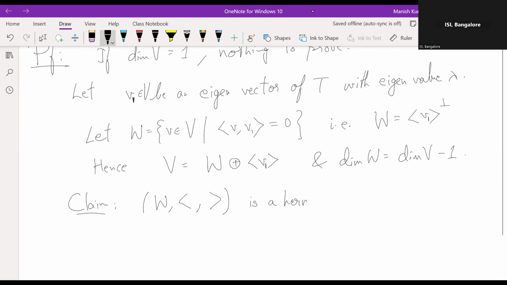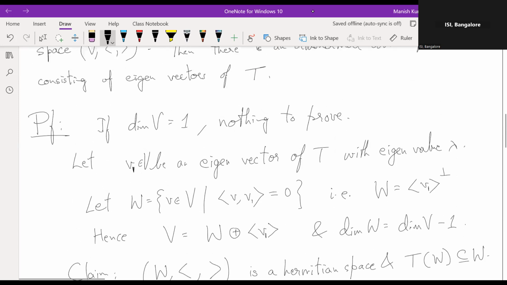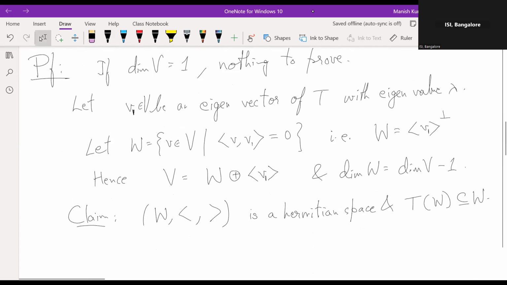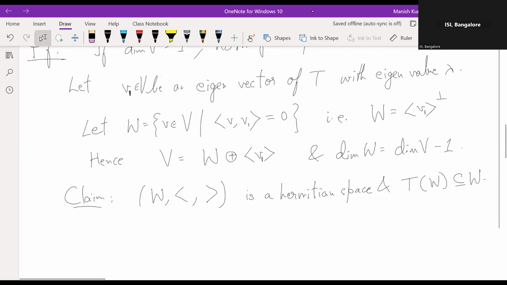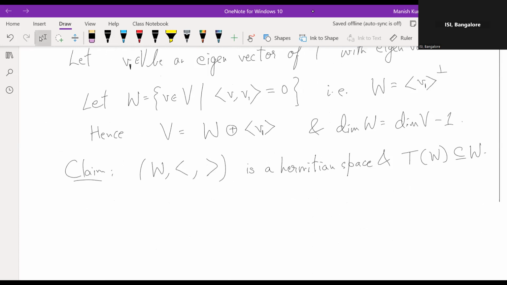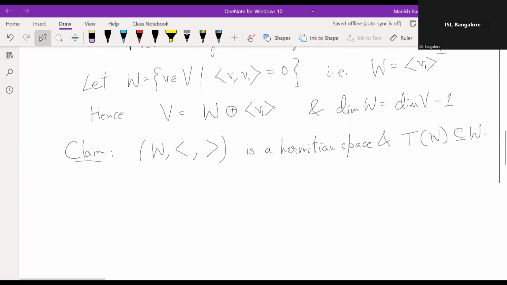This is obvious, but also T of W is contained in W. So T restricted to W is an endomorphism, and it will be a Hermitian operator. T is a Hermitian operator on V, and if T sends W to W, then it is a Hermitian operator on W, and then we can use the induction hypothesis to get the orthonormal basis for W. So once we have this claim, the rest is easy.